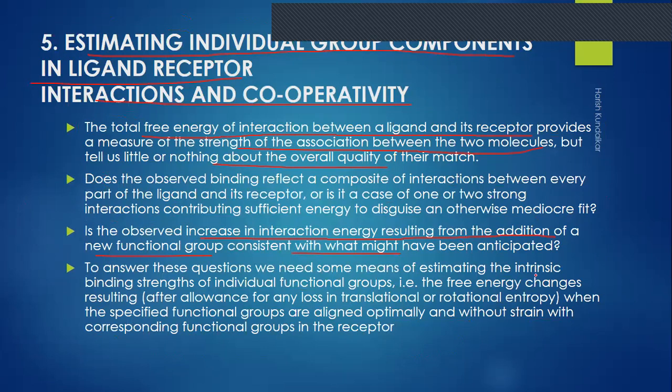So that is estimating the intrinsic binding strength of the individual functional groups on the free energy changes. Instead of going through the entire slide, I've just given you the gist of it. So what happens when we change the substitutions, that is, one functional group by another functional group? What will be its effect on the overall binding of the ligand with the receptor? That is something that we need to estimate.